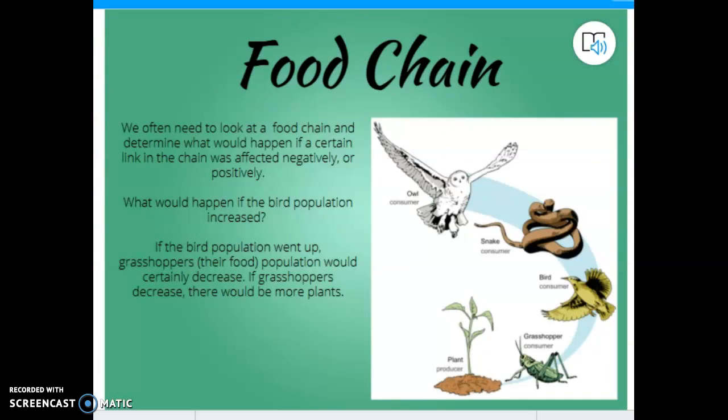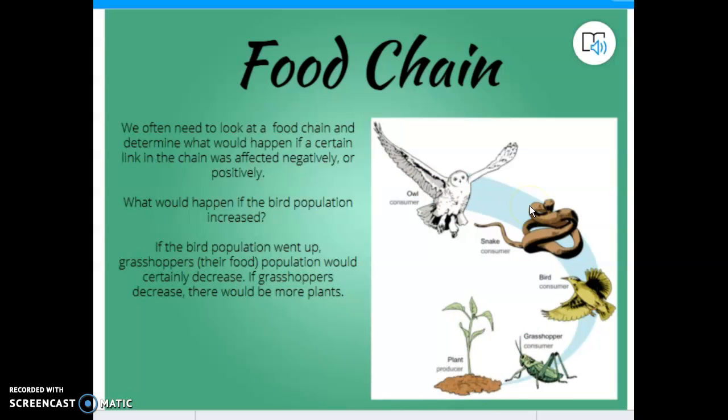We're going to skip past that. Now, there are many times, kiddos, when we look at this food chain and we have to determine what's going to happen if a certain link in this food chain, so again, sunlight to plant, plant to grasshopper, grasshopper to bird, bird to snake, snake to owl.